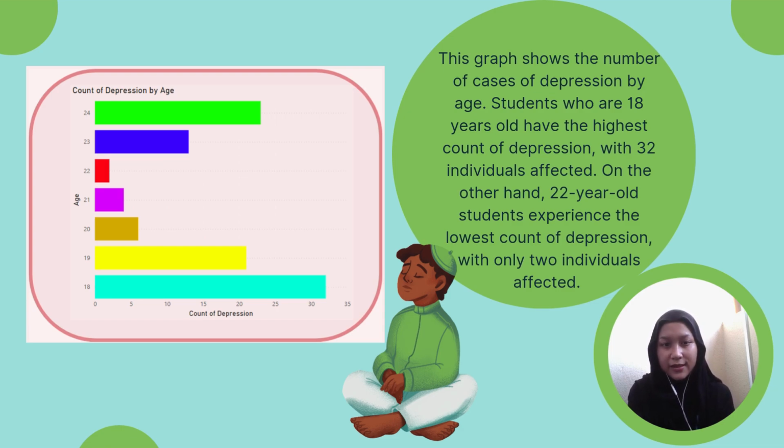On the other hand, 22 year old students experience the lowest count of depression, with only 2 individuals affected. This is likely because these students have become more adept at managing themselves and their responsibilities as university students.